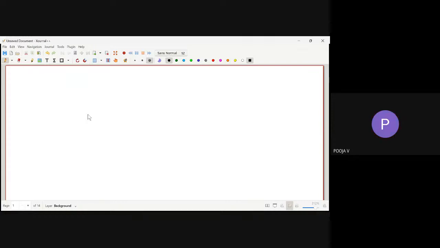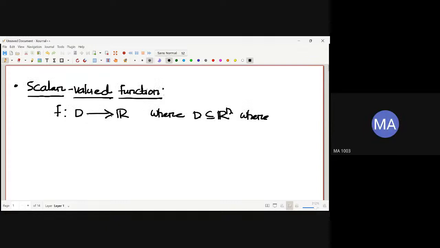When the function is defined from Rn to R, where D is a subset of Rn and n is greater than 1.